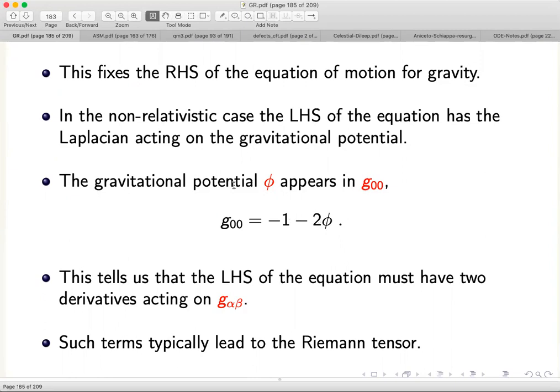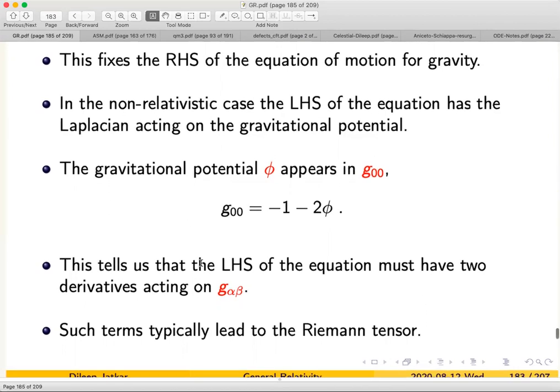So clearly these two facts tell you that what we should be looking for is an equation which involves second derivatives of the space-time metric, because then when you take the non-relativistic limit you would get a term which has a second derivative of phi. So the equation that we are looking for involves two derivatives of g alpha beta.